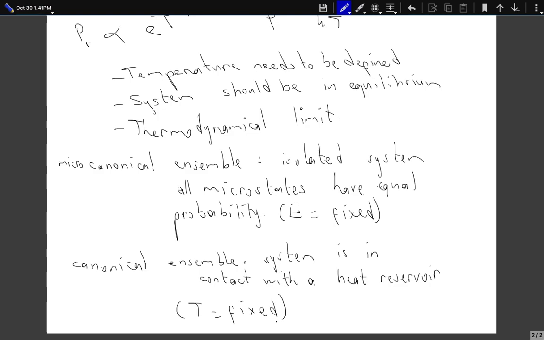So the whole system will have many microstates that correspond to one microstate of the system that I am interested in. So again, looking at the whole system, the probability of each microstate will be the same, but if I only restrict to the microstate of my subsystem, then the probability of the system I am interested in will not be the same. It will depend on the energy.